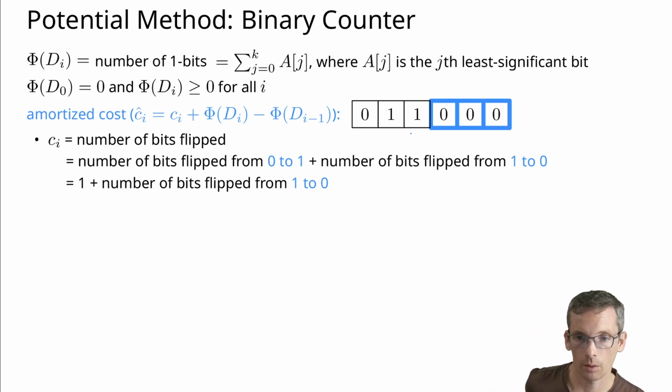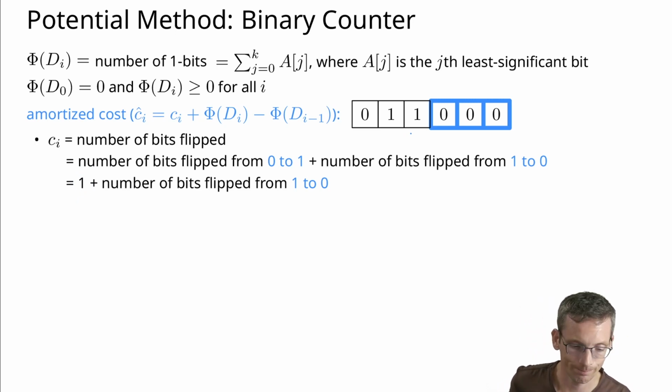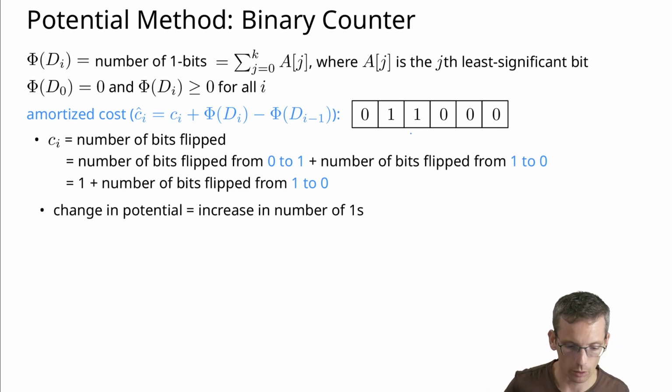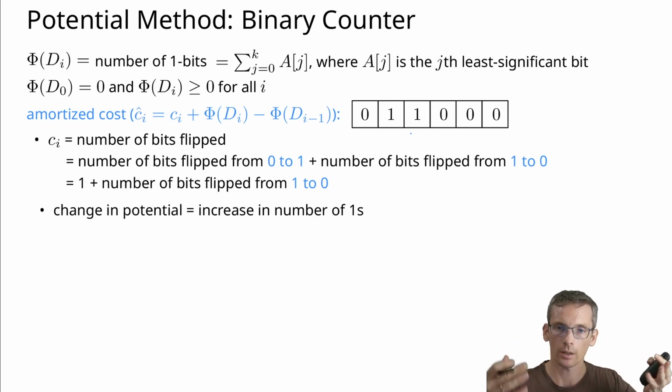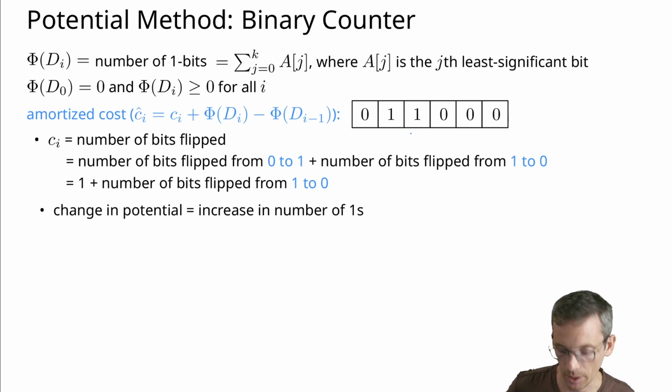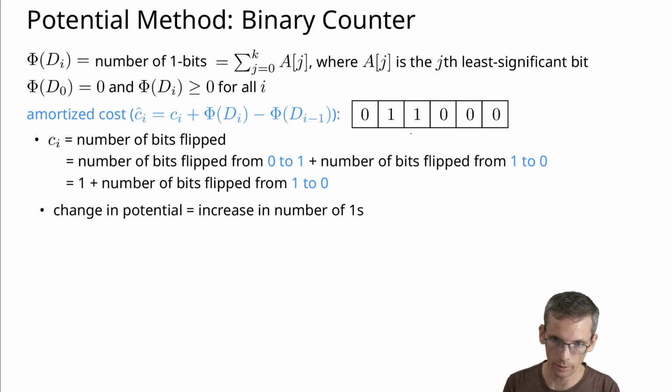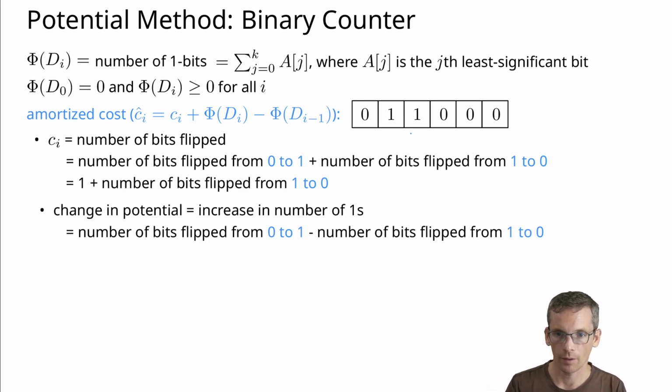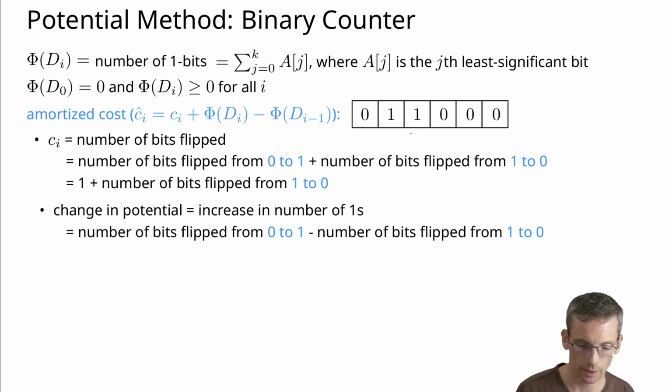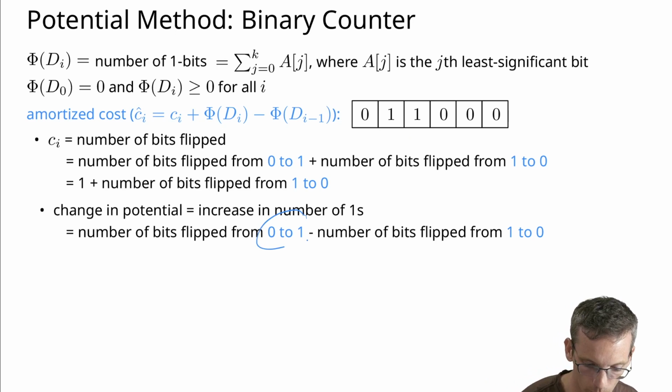Now let's have a look at what is the change in potential. The change in potential corresponds to the increase in the number of 1 bits. How does the number of 1 bits increase? So first of all, anything that goes from 0 to 1, that contributes to the potential. And everything that goes from 1 to 0 is now less in the potential. So I get number of bits flipped from 0 to 1.